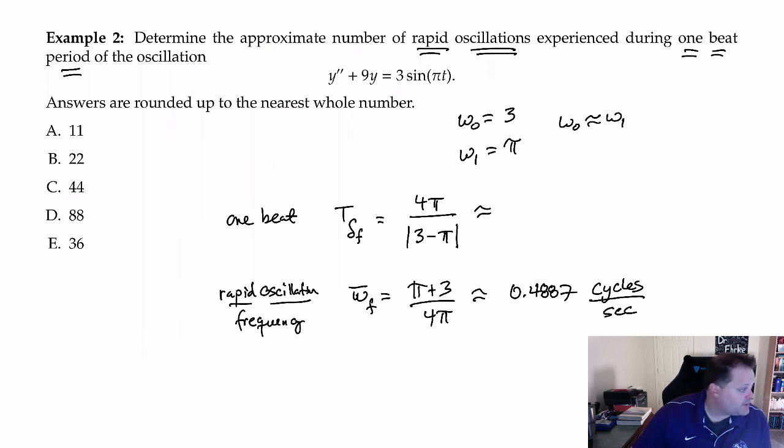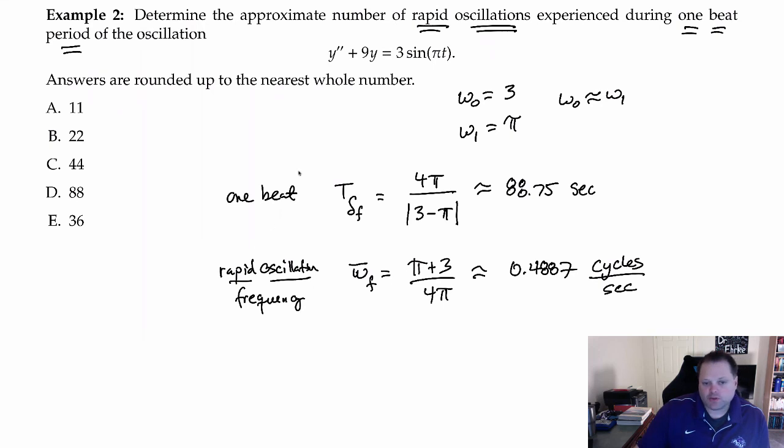Okay, so the beat period here turns out to be 88.75, and this is in terms of seconds, right? So it's the amount of time it takes for the beat to complete one full cycle. So it has a beat period of 88 seconds, okay?